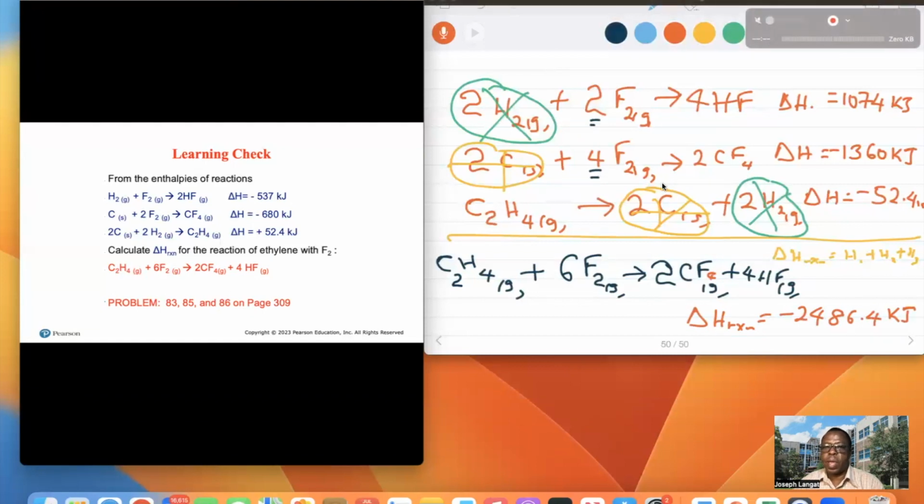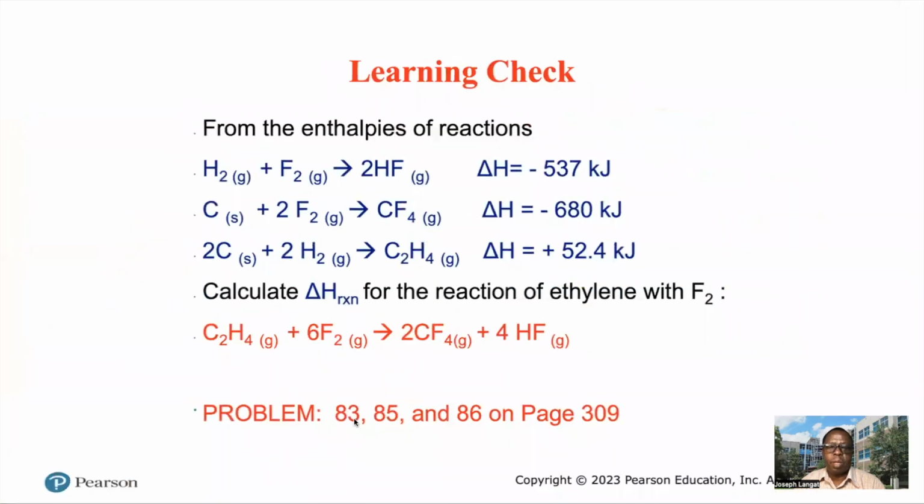So we flip the equations and multiply by a factor to get the overall. Please go back again and learn; there are worked examples in the text. Please look at the worked example and try problems 83, 85, and 86 on page 309 for more practice on Hess's law and how to find the change in enthalpy for the overall reaction.